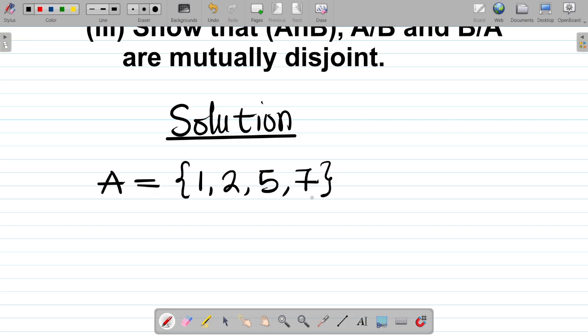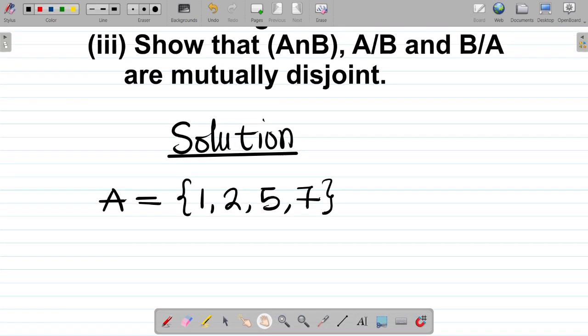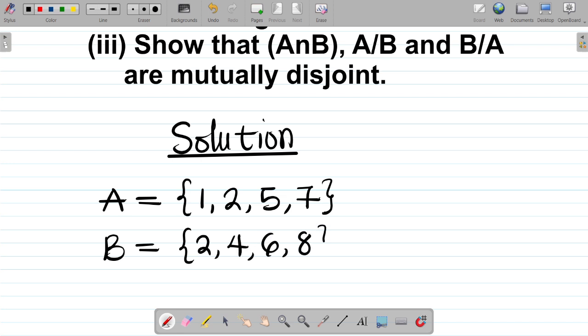Then the second one, set B, is equal to 2, 4, 6, 8. So we have this.